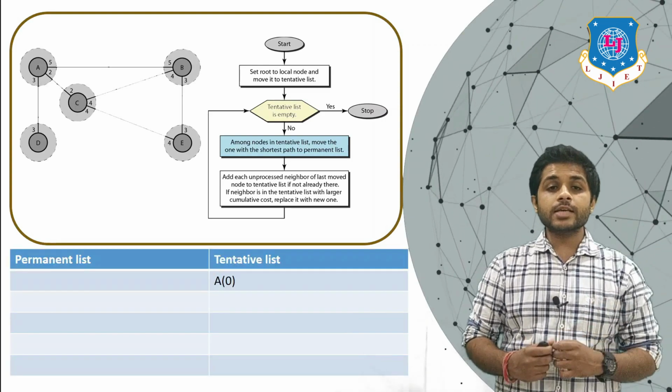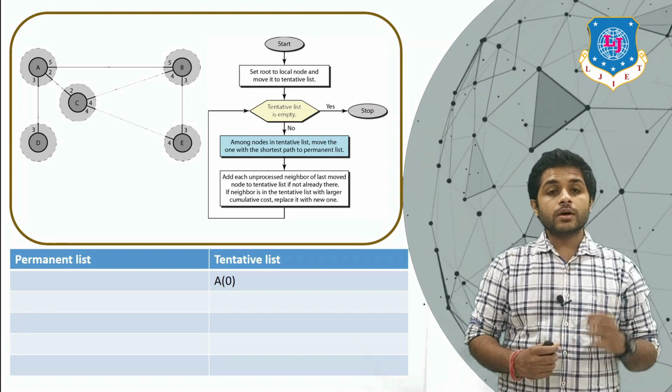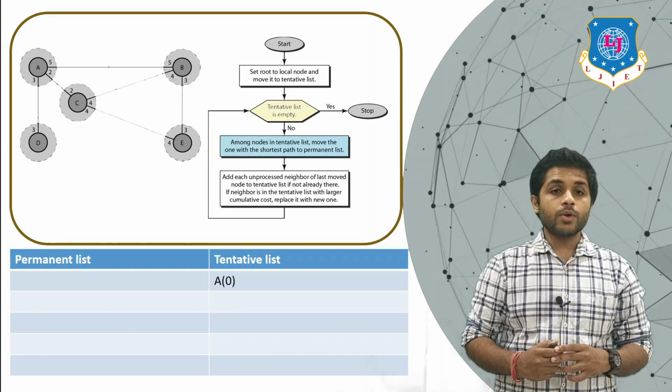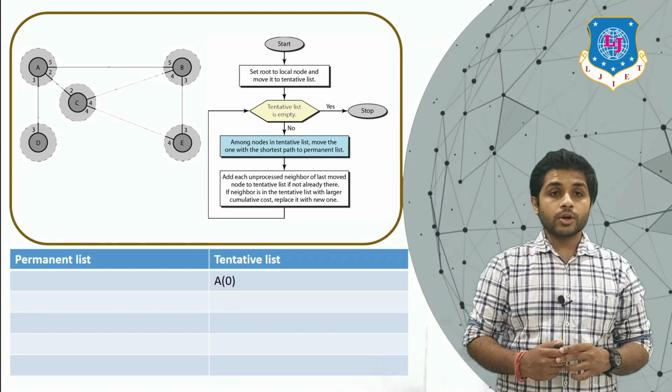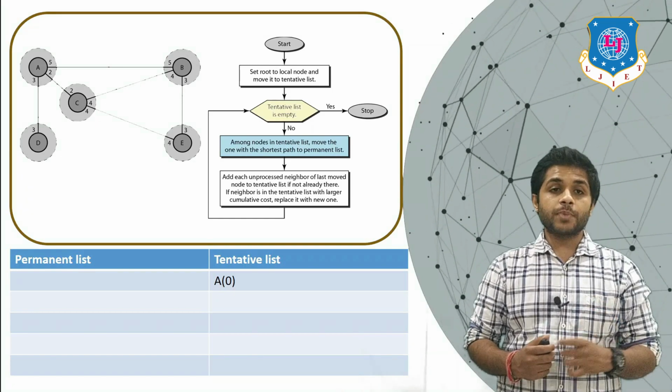So in the Dijkstra's algorithm, in the first step, we will move the root node into the tentative list. Now what is the root node? The root node is the first node in the shortest path tree.